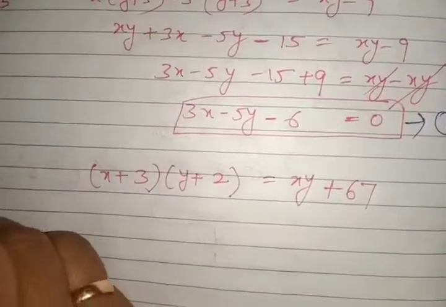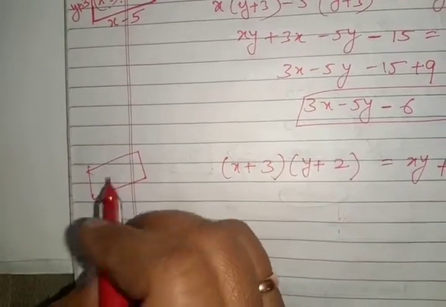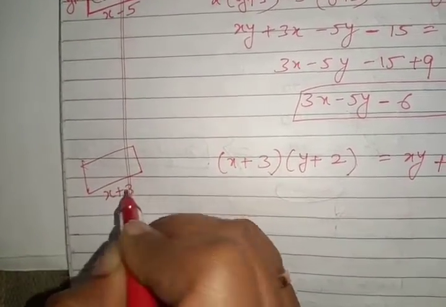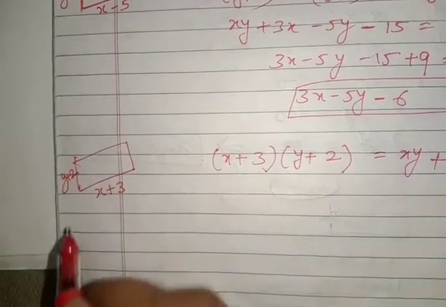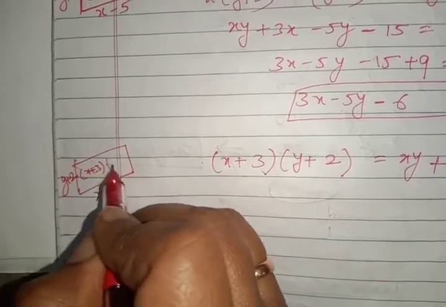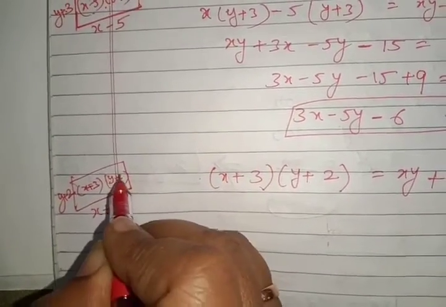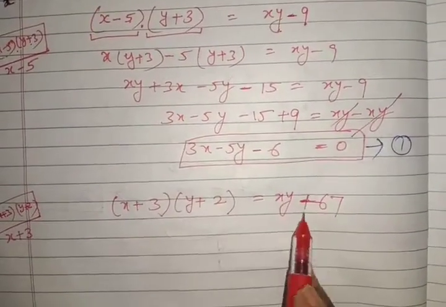I hope it is clear to you. Very easy question it is. Length increased by 3, breadth increased by 2. So the new area is x plus 3 times y plus 2. New area is increased by 67.